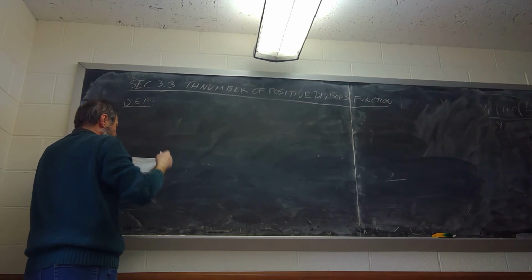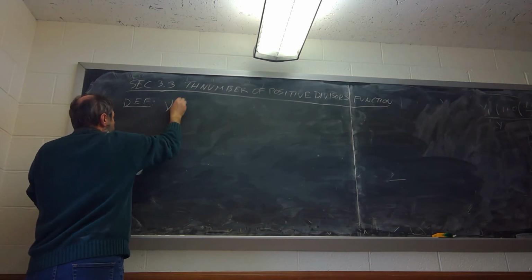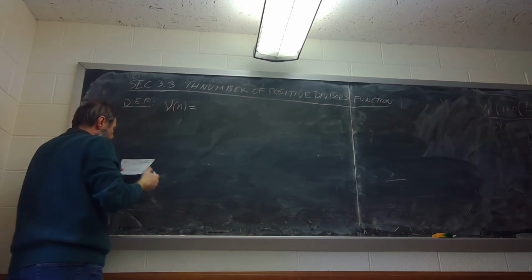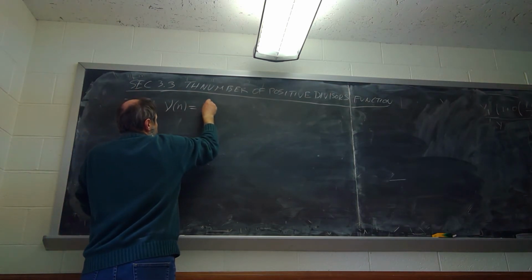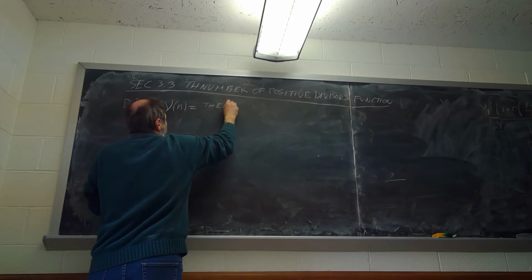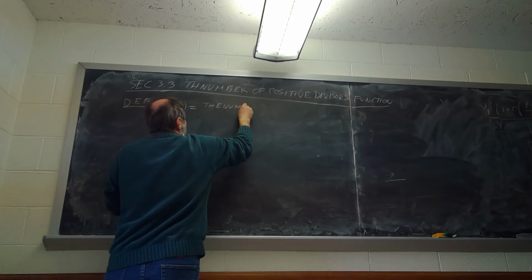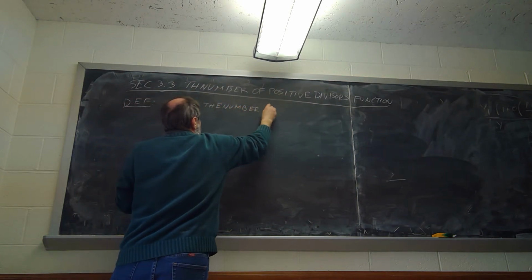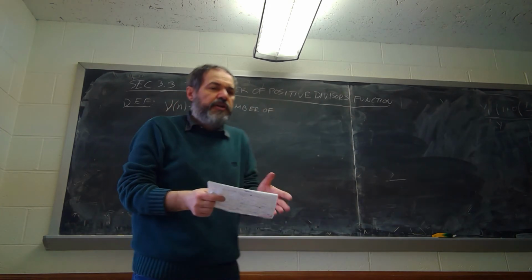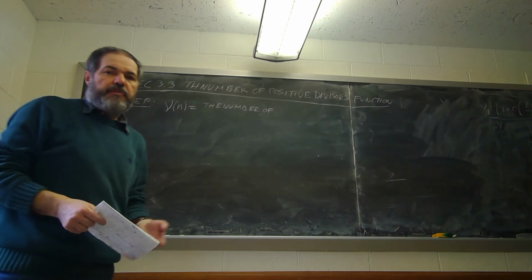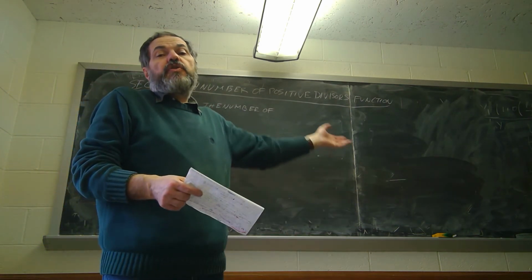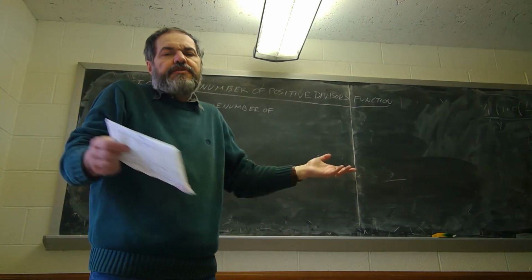That is in the textbook. I'll just write it quickly. This is the number of divisors, but I only count the positive divisors, not the negative divisors. I mean, -5 is also a divisor of 1000, and -2 is also a divisor.